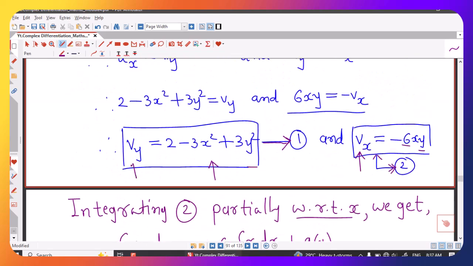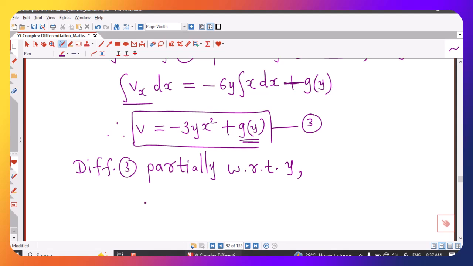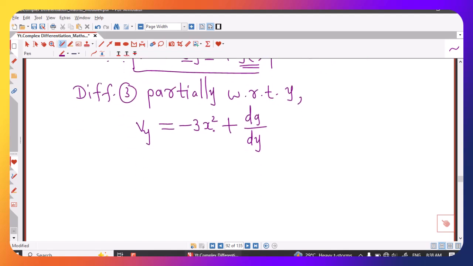Now we can use this del v by del y to find the value of g of y, and to use this equation first I will require del v by del y. So I differentiate equation number 3 partially with respect to y. We have del v by del y equal to, we consider x as constant, so minus 3x square here becomes constant, the derivative of y is 1, and here g is a function of y only, therefore we have the ordinary derivative of g with respect to y.